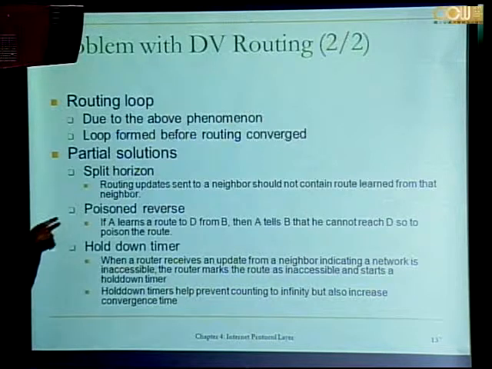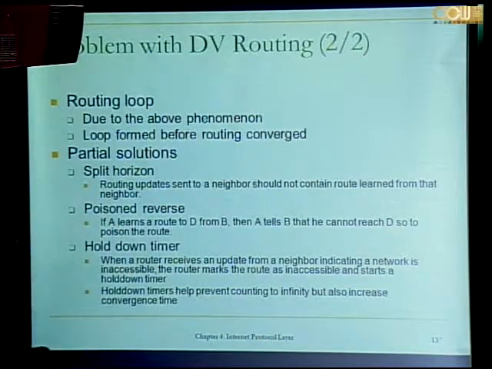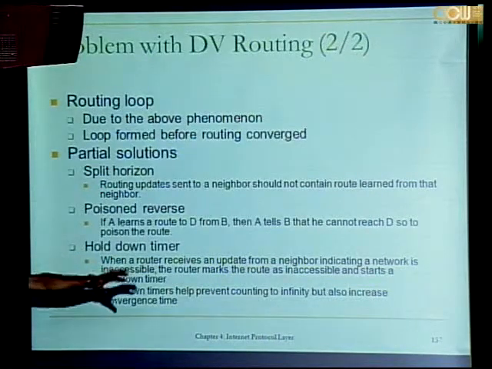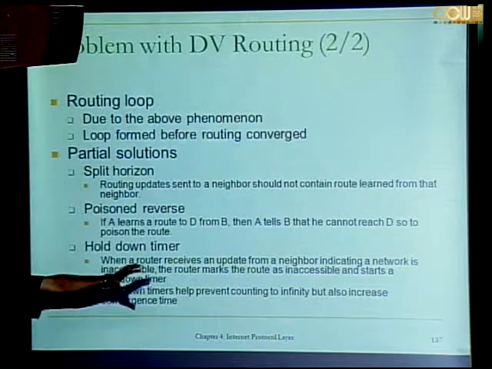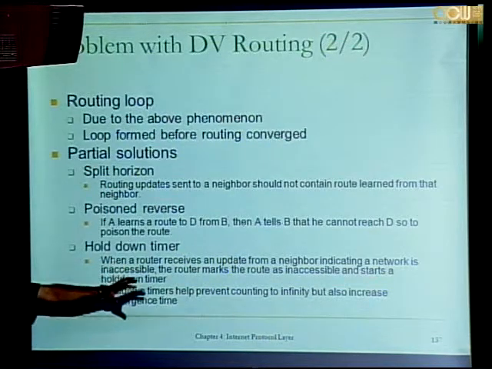For example, split horizon says that the routing update sent to a neighbor should not contain routes learned from that neighbor. If I'm sending a distance vector to a neighbor, I should take out the things I learned from him.